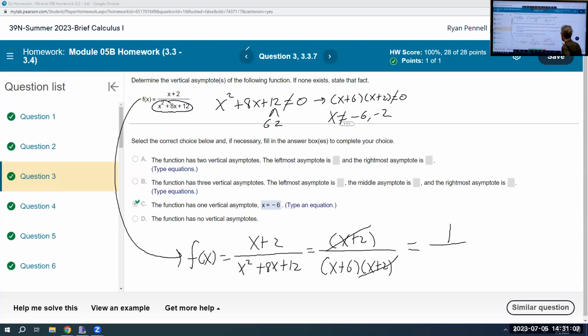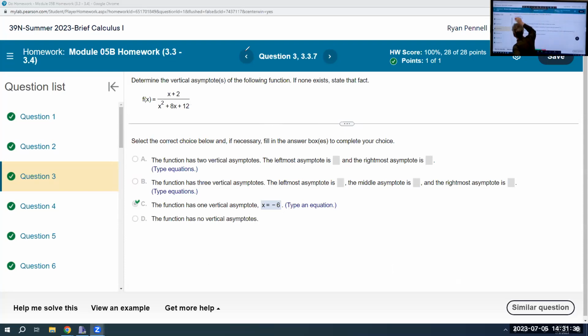So you get 1 over x plus 6. So you see x cannot equal -6. So then you'd be dividing by 0. So it only has 1 because of that reduction. Oh, algebra trick. That one technically only had 1. Moving on to 5, which I think is similar.